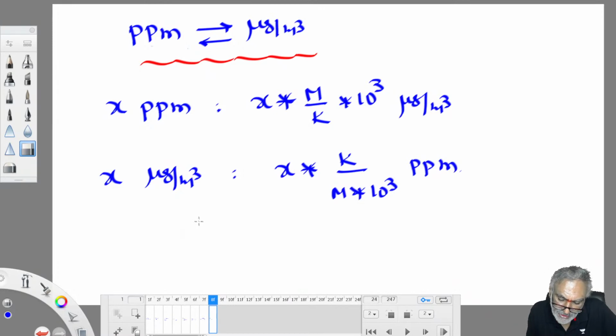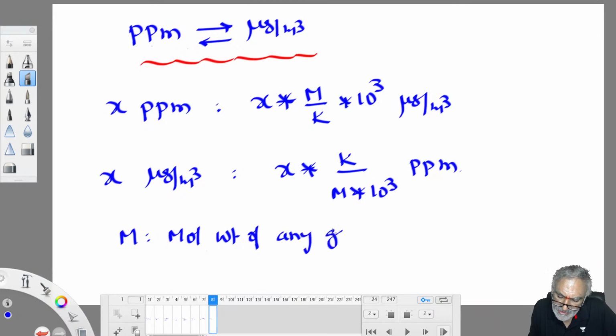So the two things you need to know: what is M? M is the molecular weight of the gas whose concentration is to be found. Then K is a constant. This K value we work out by RT by P into 10 cube.